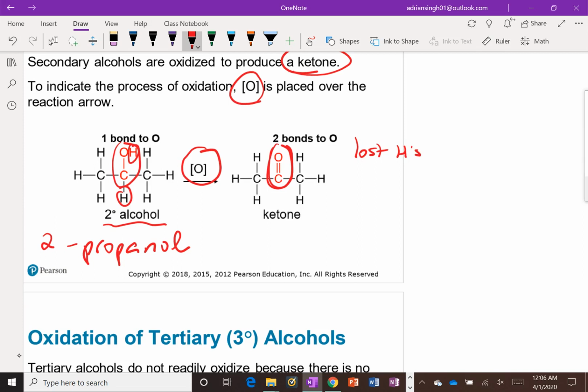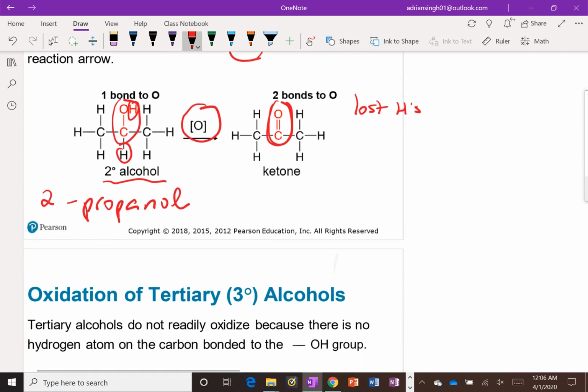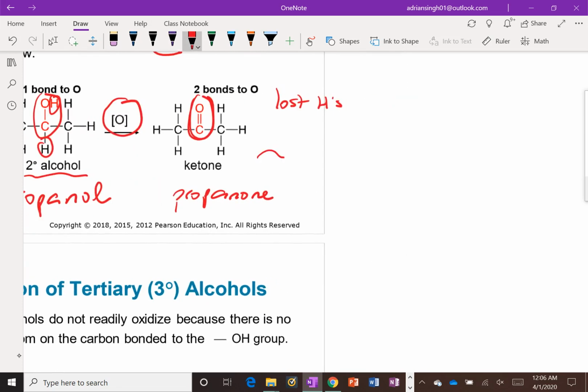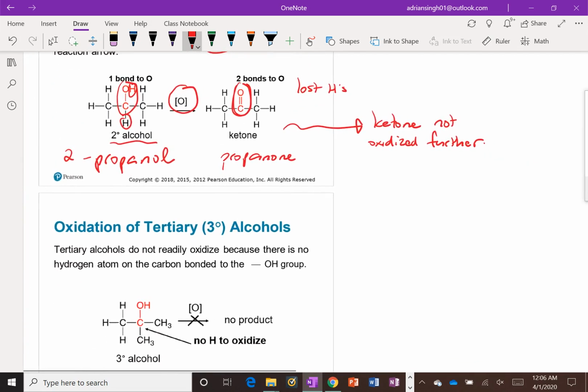So we oxidize a secondary alcohol to make the corresponding ketone. We end up making propanone in this case, and then the ketone cannot be oxidized any further. So the oxidation of a secondary alcohol stops at the ketone.